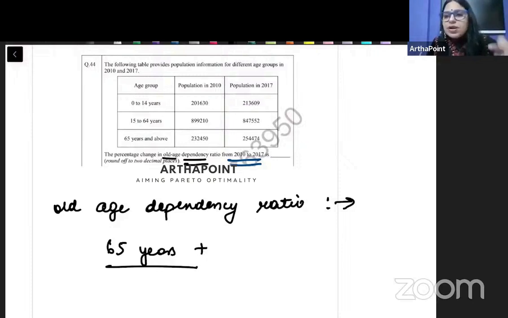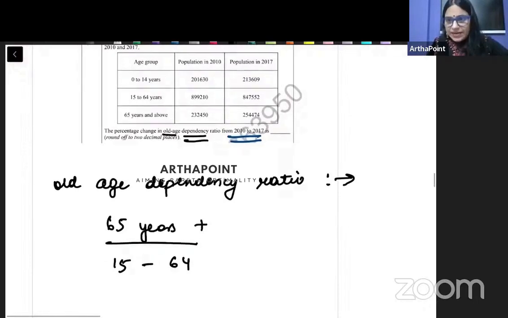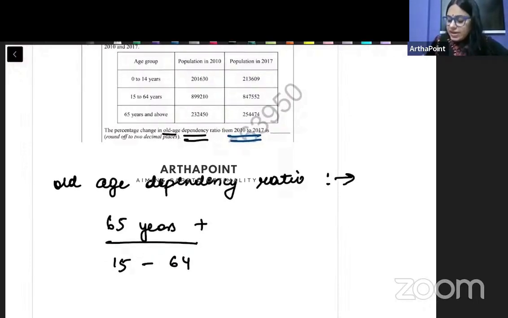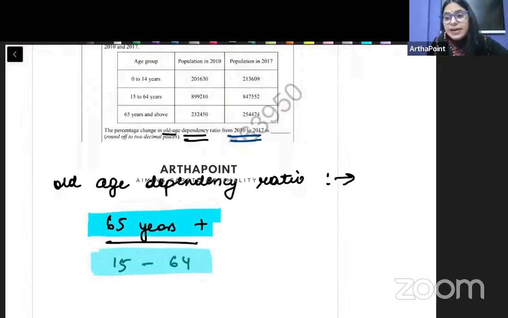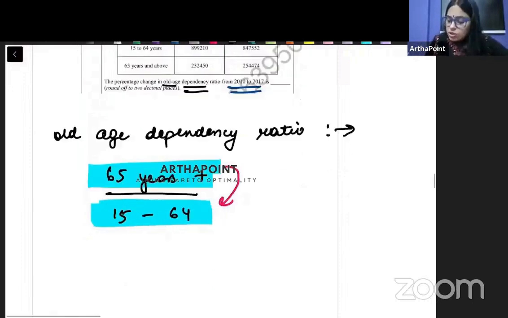Who are the people who will be independent? Those who are earning money. Population between 15 to 64. So old age dependency ratio can be defined as people who are dependent and in old age divided by people who are independent. They are dependent on these people. The people who are above 65 are dependent on the people between 15 to 64.